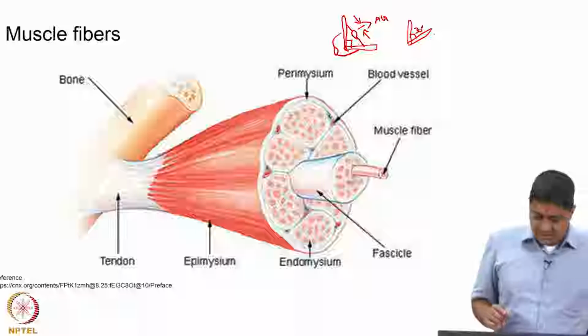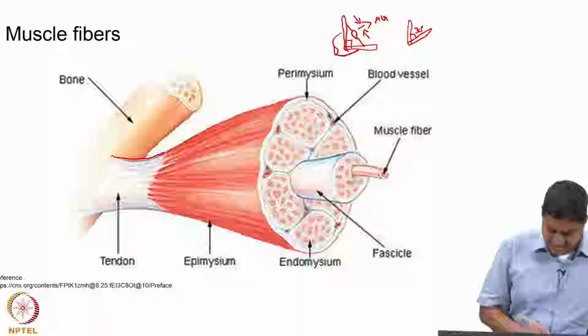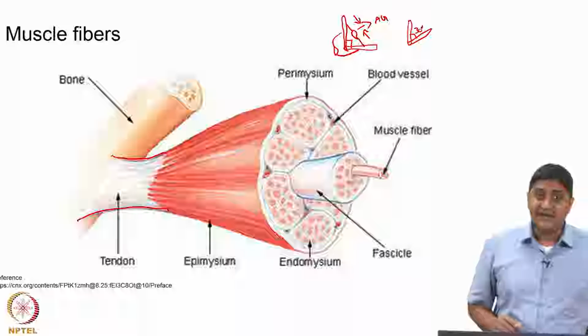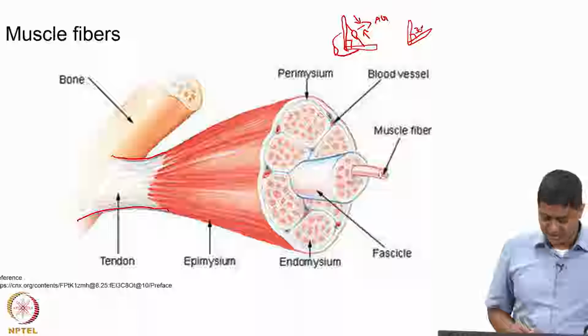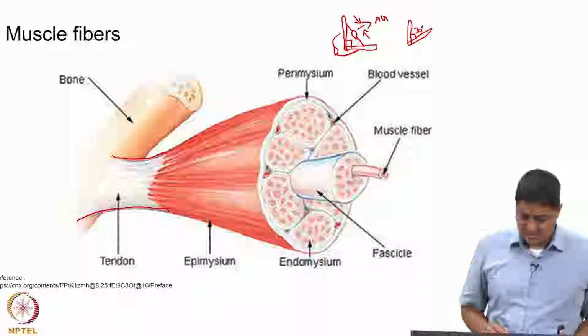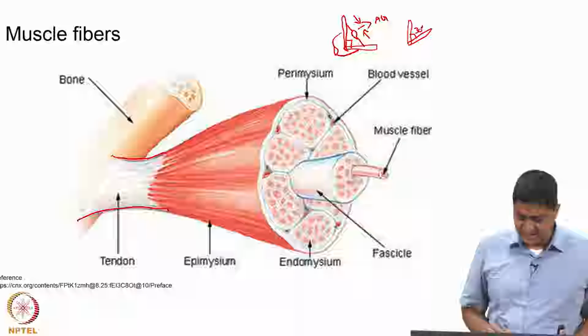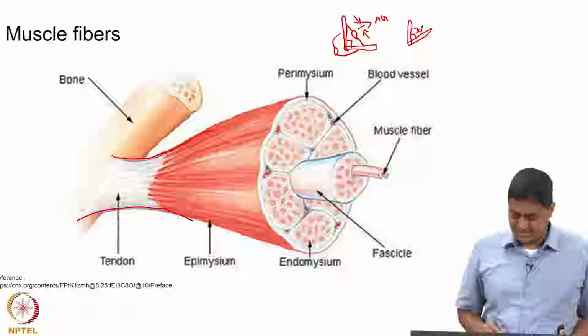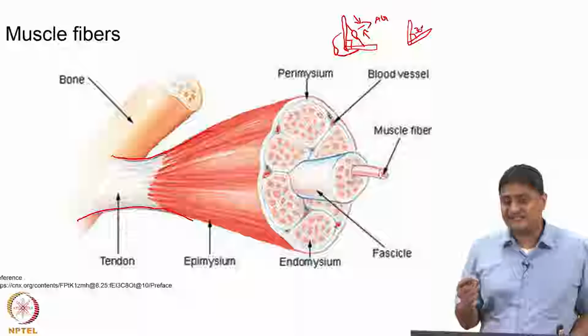So, a muscle attaches to a bone via what are called tendons. Tendons are basically composed of elastic material such as proteins like collagen and elastin. The muscles themselves are composed of several bundles of fascicles.